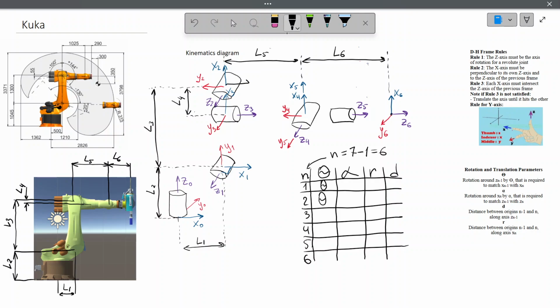So for example, if I redraw x1 here, we need to rotate around z1 to match these two, and rotate counterclockwise, in this direction. So the distance between them will be 90 degrees. So here we write theta plus 90 degrees.